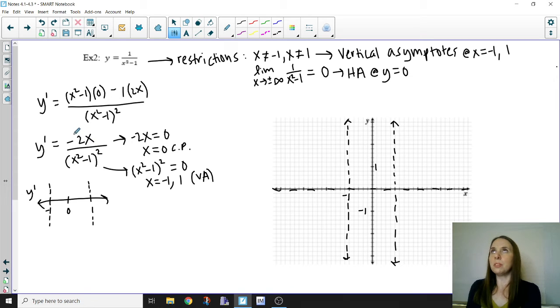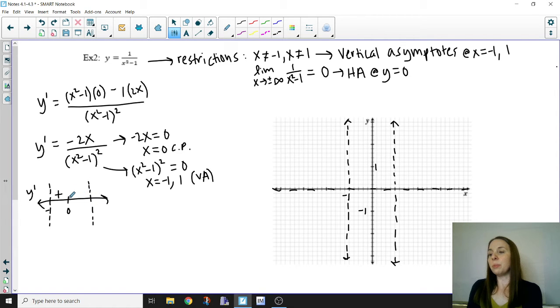I'm thinking, okay, what happens when I take negative 2 times negative 0.5? I get a positive number. I don't care what number it is. I just care that it's positive, and that means that my function is increasing between -1 and 0. Okay, now let's do the same thing on the other side. This was x equals 1. That 1 kind of got lost in my dashes. It's x equals 1.